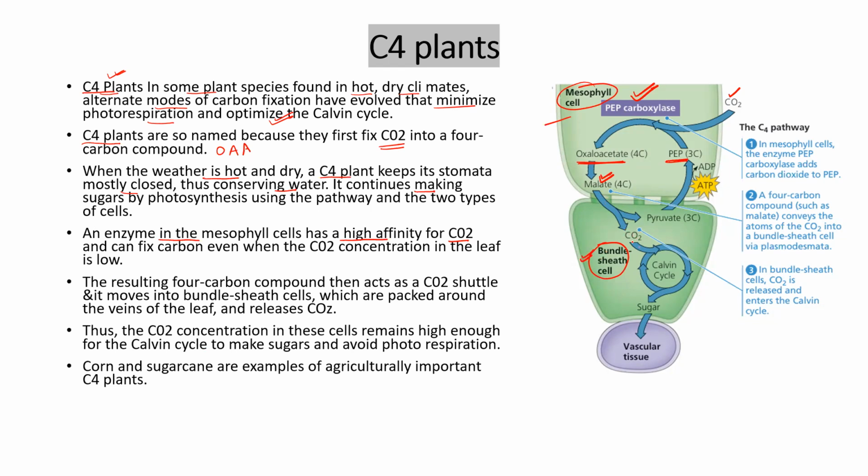Now, in the bundle sheath cell, decarboxylation will be done. The carbon dioxide enters into the Calvin cycle, and the 3-carbon pyruvate is then returned to the mesophyll cell where it is regenerated back into PEP. And the Calvin cycle is the method by which they are preparing the sugar. Thus the carbon dioxide concentration will always remain high in the bundle sheath cell, and they are avoiding photorespiration.